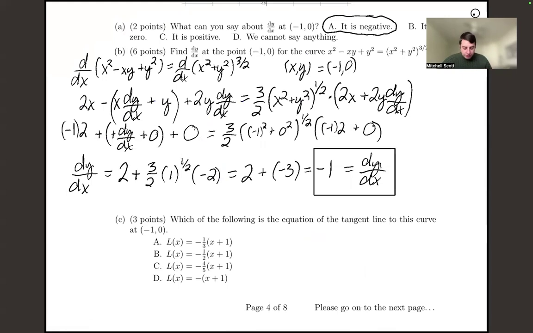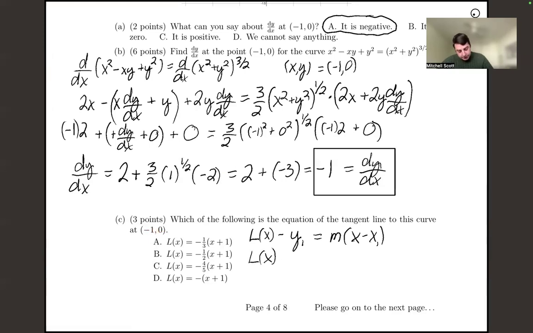Okay. So now, which of the following is the equation to the tangent line at the curve? Remember, we would have L of x minus f of x, or I'll call it y to not get confusing, y1 equals m times x minus x1. And we know the point, -1, 0.